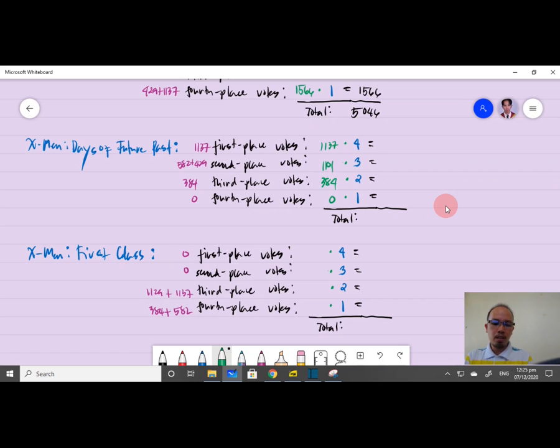So 1137 times 4, I'm here in my calculator, 4,548. 1101 times 3, we have 3303, and then 384 times 2, we have 768, and then we have 0 here.